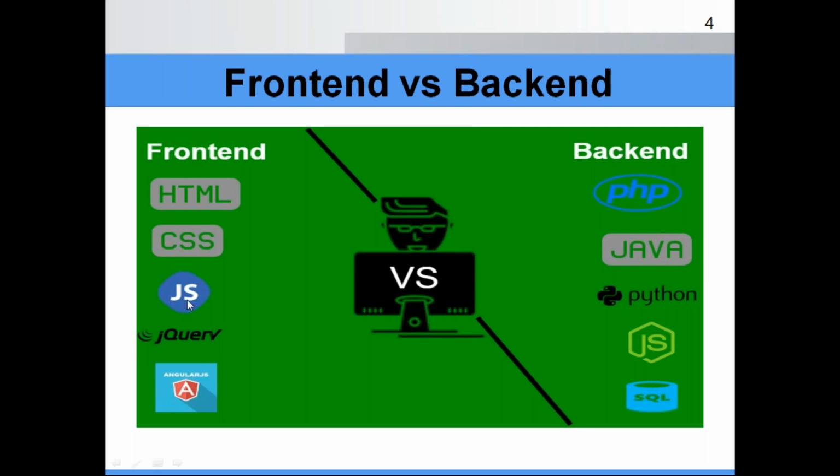If you want to implement some actions for that, you can make use of JavaScript so that you can create some events. These were used for the front end. Maybe I don't know whether you've heard about jQuery, AngularJS, and these are extensions to JavaScript only. And for the backend.